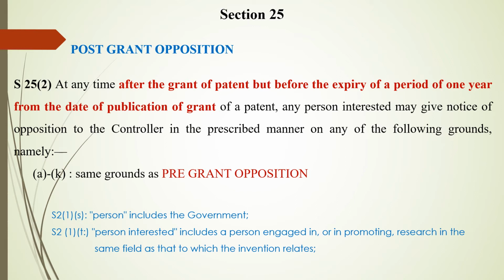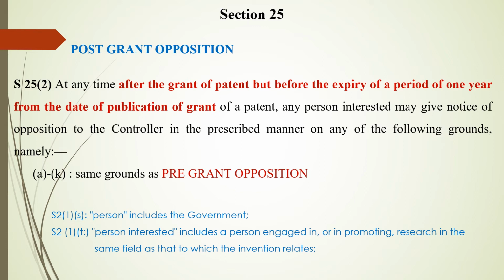Now, the following grounds are the same as in the case of pre-grant opposition. The only difference is that pre-grant opposition is to be raised before grant of patent and post-grant opposition is to be raised after grant of the patent application. Also, pre-grant opposition may be raised by any person and post-grant opposition may be raised by any person interested.